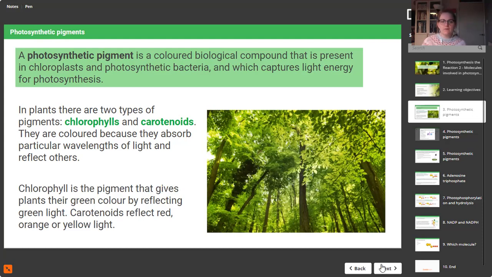So chlorophyll reflects green light, whereas carotenoids reflect red, orange or yellow light, hence they give carrots that orange colour I was talking about. So that's basically what a photosynthetic pigment is, able to absorb certain wavelengths of light and reflect others.